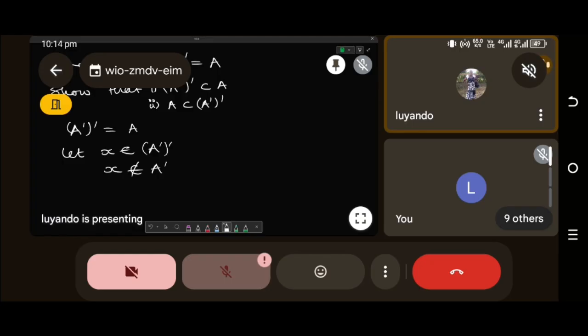And from this point, if a given element is not a member of A complement, so like we are talking about X, if X is not a member of A complement, the type of set that you should be visualizing in your head is a set that is looking like this, where you just have A in the Venn diagram, the universal set.